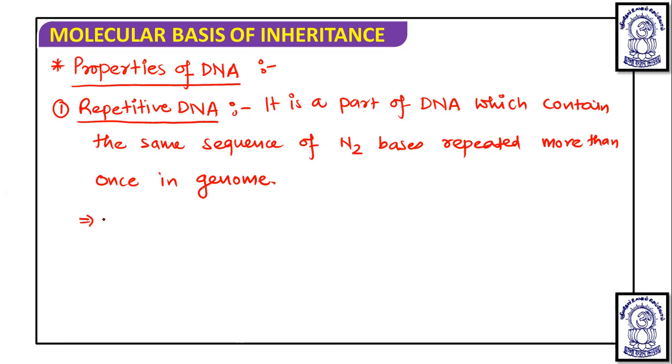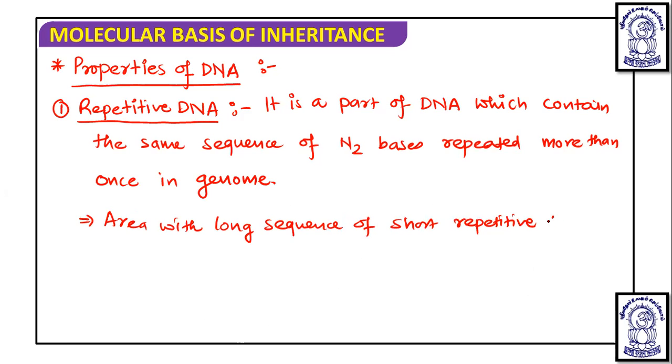Now, the area with a long sequence of short repetitive DNA is called satellite DNA. If we want to know more about repetitive DNA, we need to talk about its types.